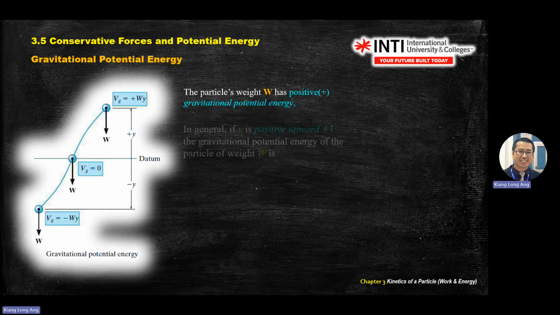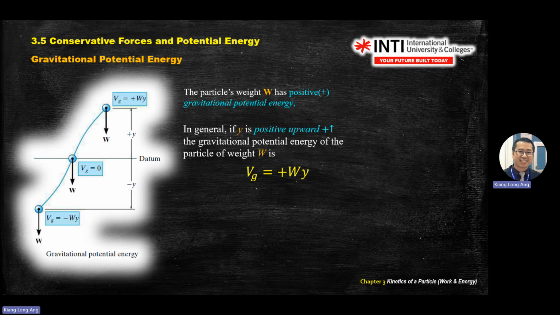Okay, then on the potential energy, I want to highlight it always depends on the datum that you see in the question, or you can set the datum yourself. Of course, if the question already gives you a datum, don't go and change the datum. As long as your object is above the datum, you have a positive mgh or Wy.